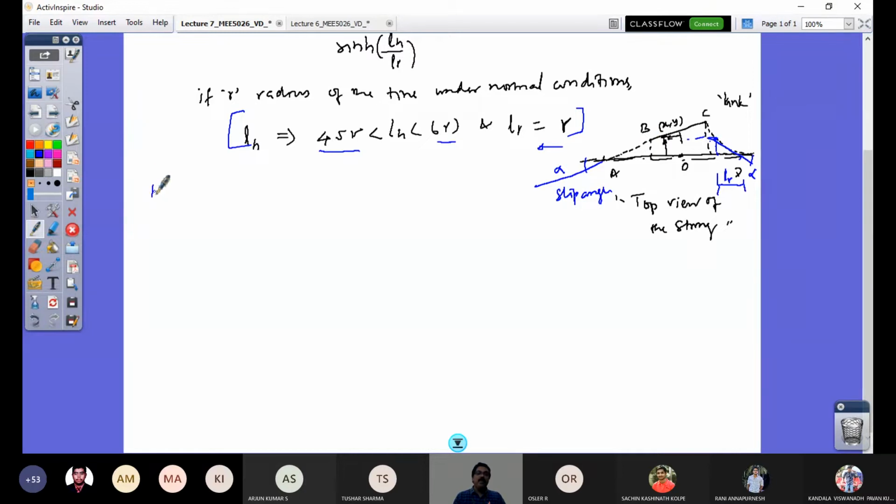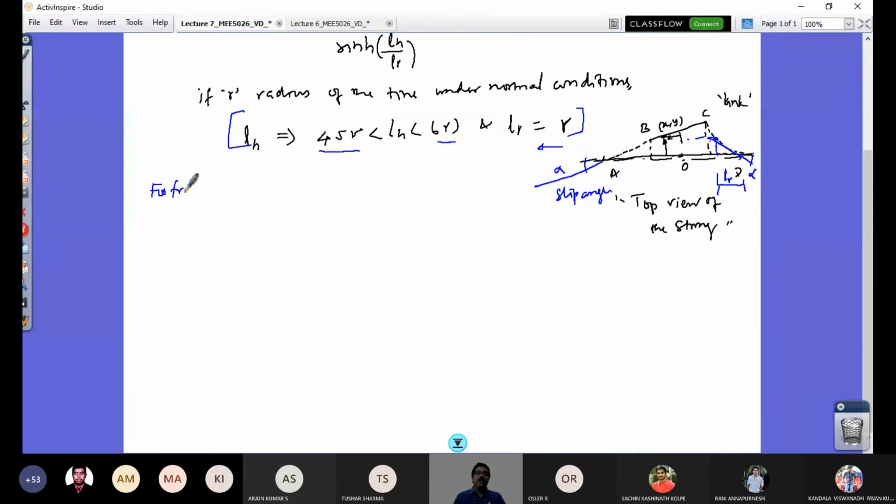So for the free region near the front of the contact area, how do I represent that? For that, x should be greater than LT by 2.